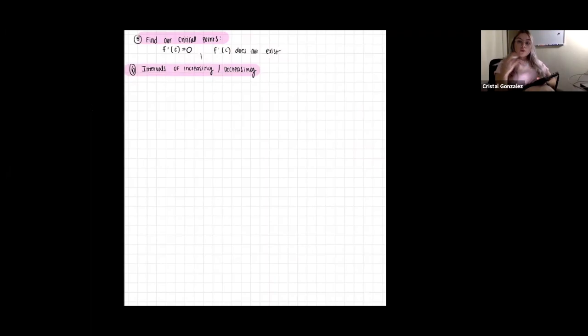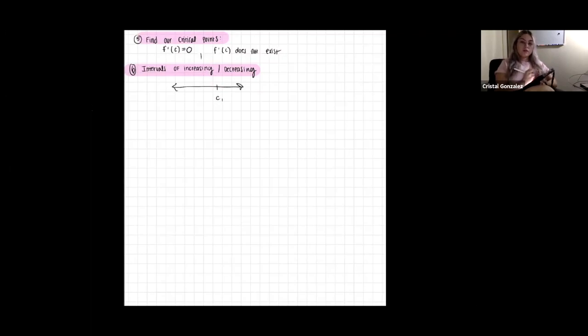But knowing where your function is increasing and where it's decreasing can definitely help you graph the function. And remember, the way that you do this is by partitioning the real number line where the critical points are. So once you find that real number line, you partition it at your critical points.